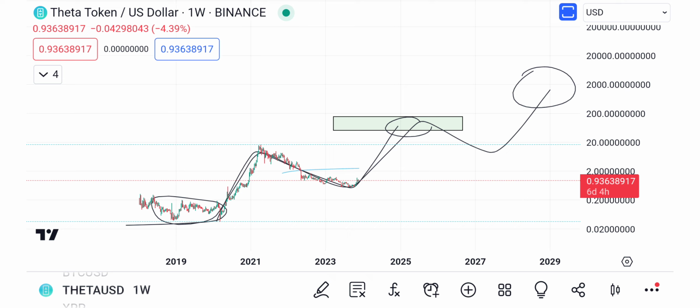Not bad at all. So, in order for Theta to get to, and don't quote me on my math, I could be a little off, but I'm just going by, if the maximum supply of Theta, I'm not really educated on this part, but if the maximum supply of Theta is 1 billion coins, right?